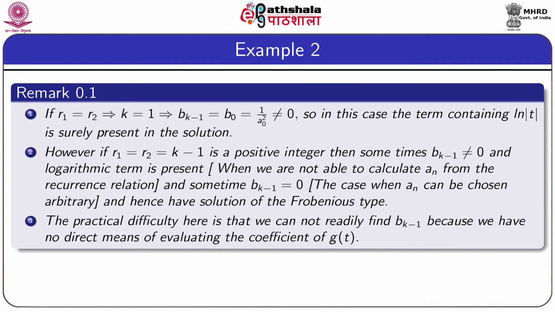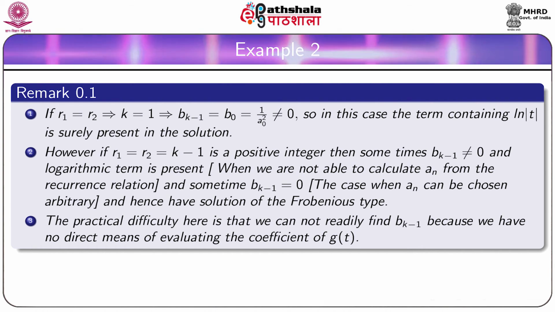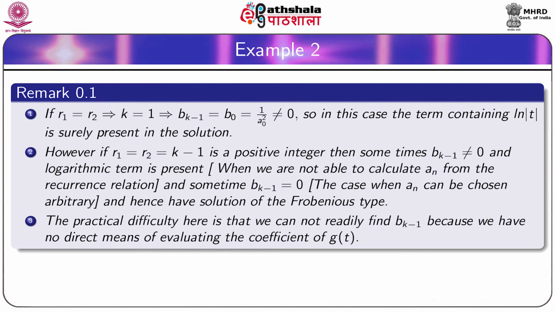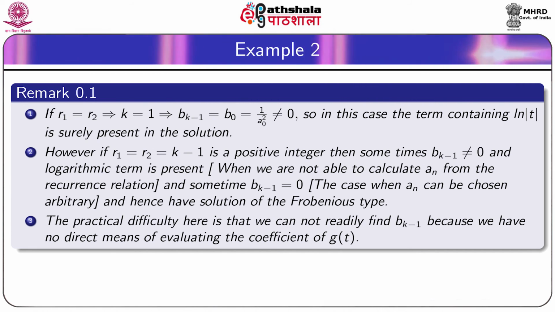Now, if r1 is equal to r2, this implies k is equal to 1, which implies b_{k-1} is equal to b0, which is equal to 1 by a0 squared, which is not equal to 0. So, in this case the term containing log of |t| is surely present in the solution.